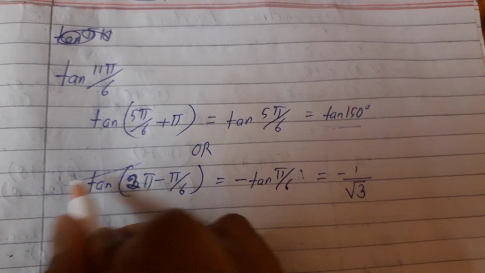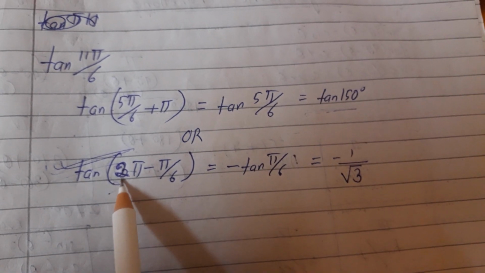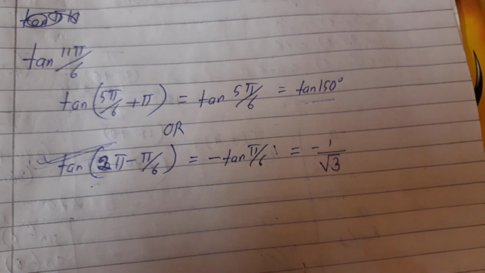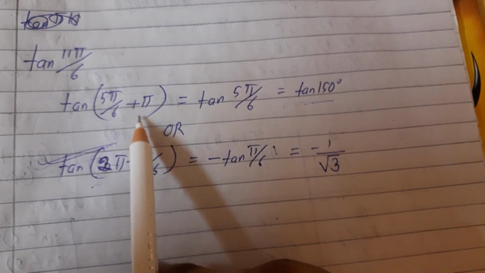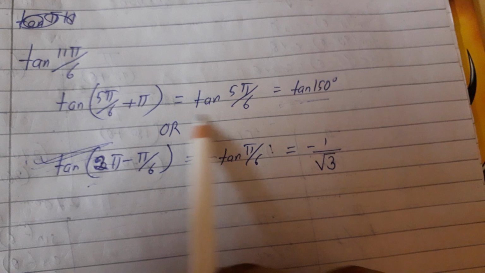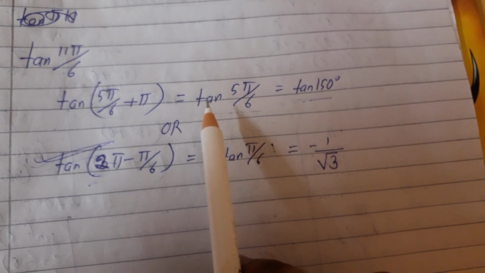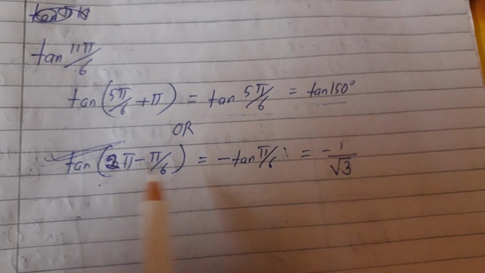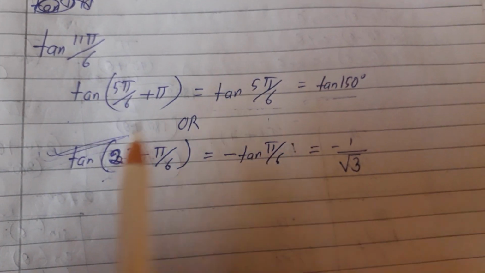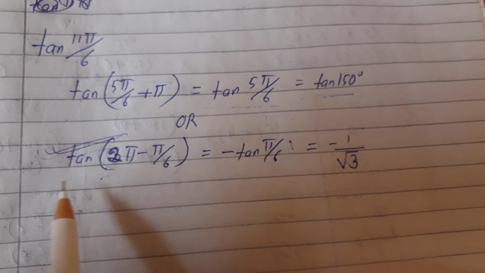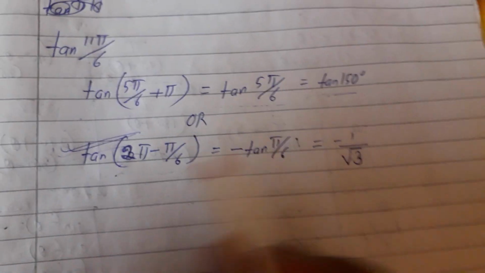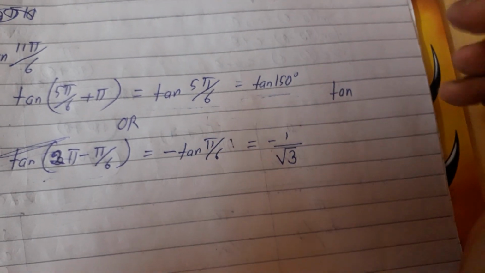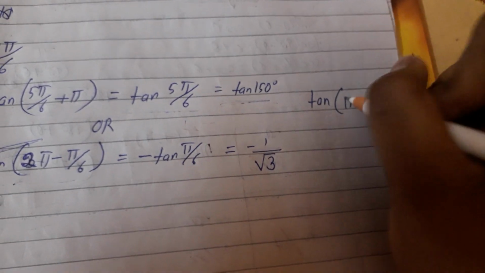See, I prefer this way, because here when you write 2 pi minus pi by 6, the answer directly came minus tan pi by 6. But when you write in this way 5 pi by 6 plus pi, then you see the answer came in this way, that is tan 5 pi by 6, and in that case you have to write the angle. So do not do in this way, always do in this way, that is 2 pi minus pi by 6. See here, suppose some function is given, tan, cos, okay, whatever may be the function, 180 minus theta.